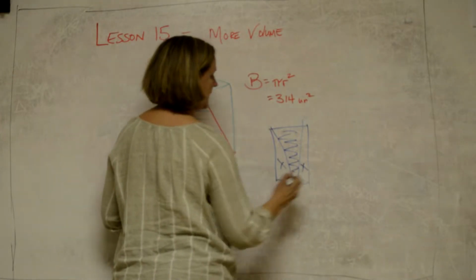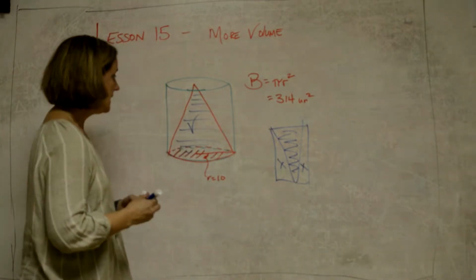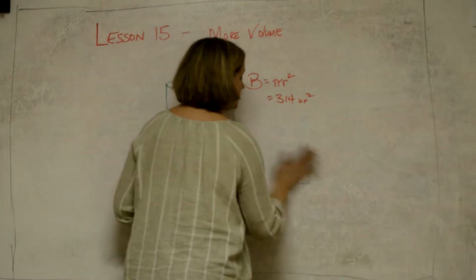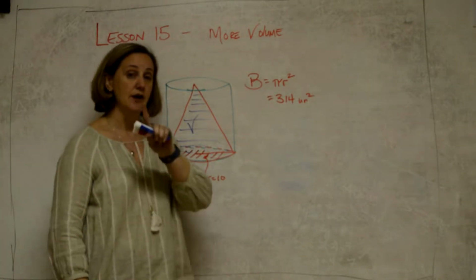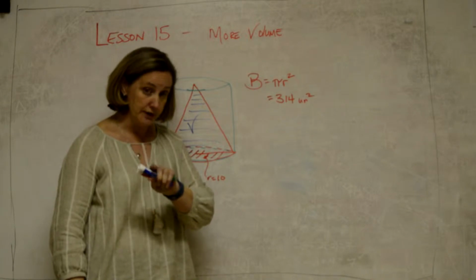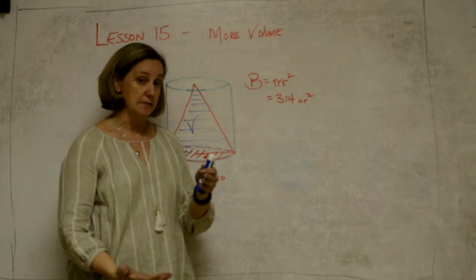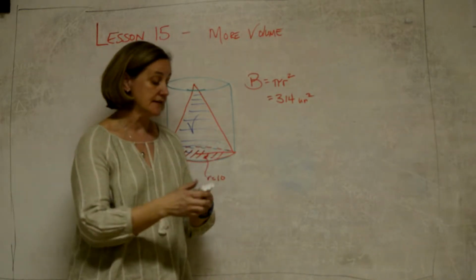We're not going to count that, and we're not going to count that, okay? So basically, when we talk about a cone, or something that has a pointy top on it, it is 1/3 the volume of the prism, or the cylinder that it sits inside of.